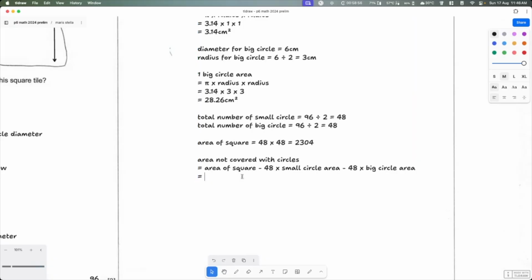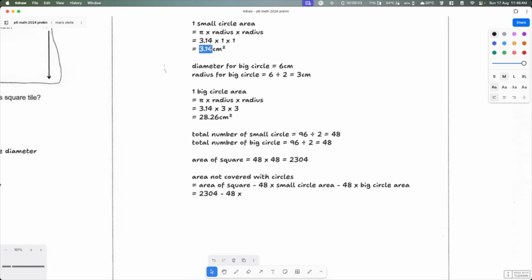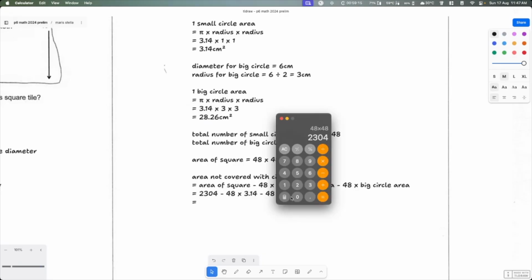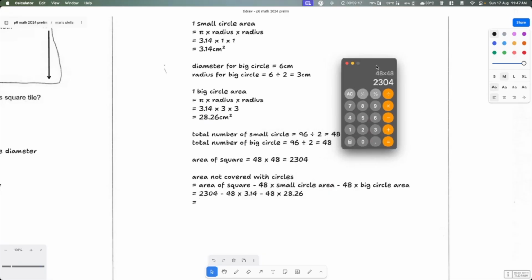So the area of the square is 2304 minus 48 times the small circle area, which is 3.14, minus 48 times the big circle area, which is 28.26. Let's put this in a calculator: 2304 minus 48 times 3.14 minus 48 times 28.26.